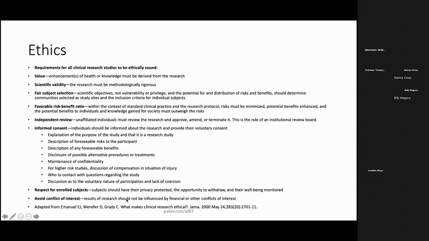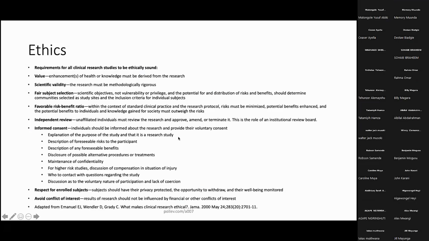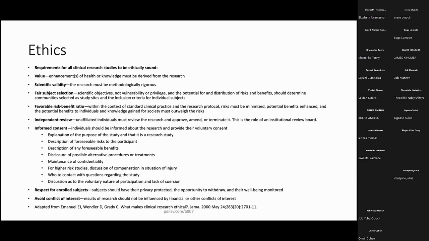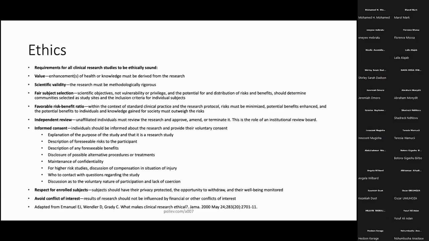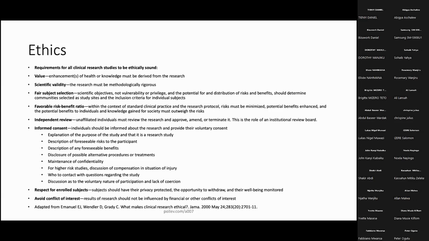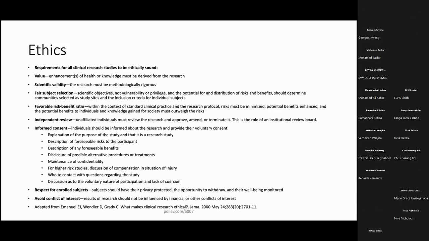Good. So here are some of the ethics, and I think that we'll get to the leaderboard next. I think that might be the last one. We'll see. We want to make sure that the study is ethical, that there's scientific validity to it, that we're fairly selecting our subjects, that we have a favorable risk to benefit. There might be risk involved. We need to make sure that the benefit is weighed accordingly, that there's independent review, that someone who's not affiliated with the study is reviewing it to protect you, the investigator, to protect the patient, to protect the community.